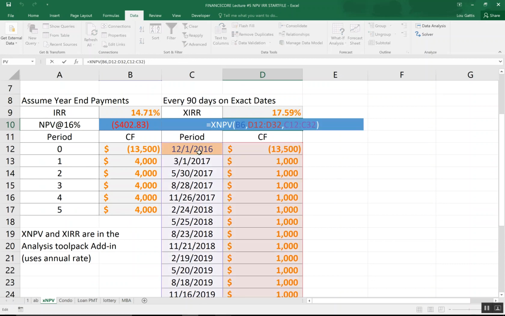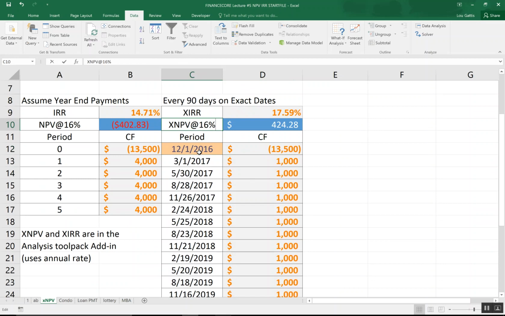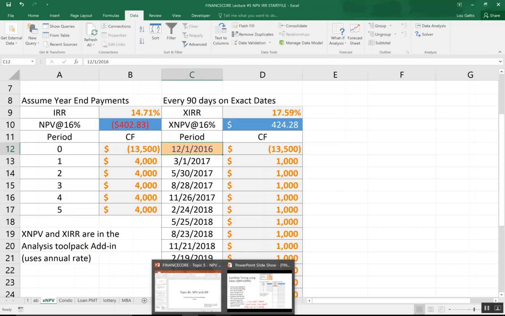And there we go, 4/24/28. A little note, the XNPV does allow you to put in the first cash flow. Unlike the NPV function where you had to add the first cash flow, the XNPV, because you enter the dates, it assumes that the first date is today's date. So that is XNPV and XIRR.